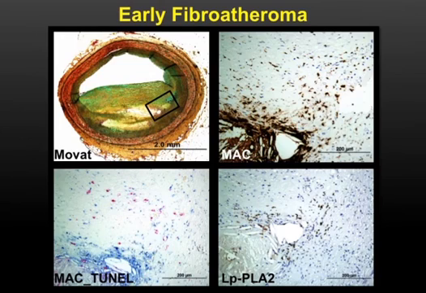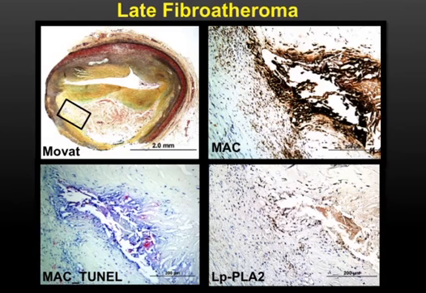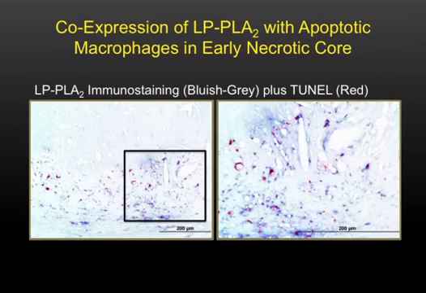Again, looking at early fibroatheroma, macrophage, Lp-PLA2, and TUNEL positivity, the red areas represent the TUNEL positive areas. In late fibroatheroma, you can see the coexistence of Lp-PLA2 expression and a large amount of macrophages.